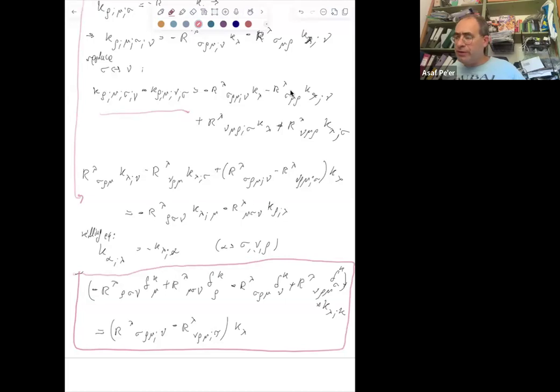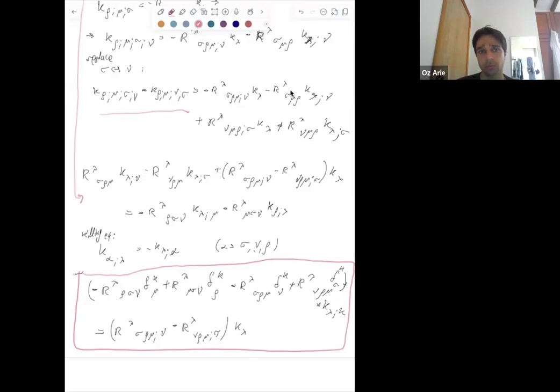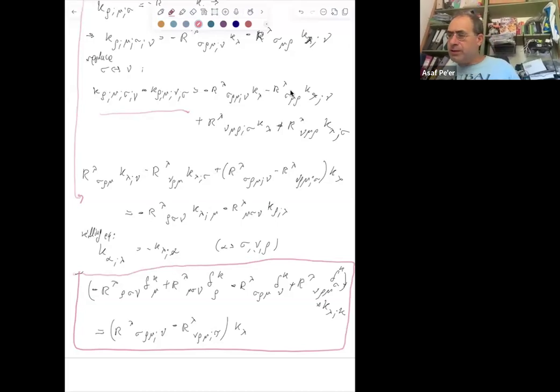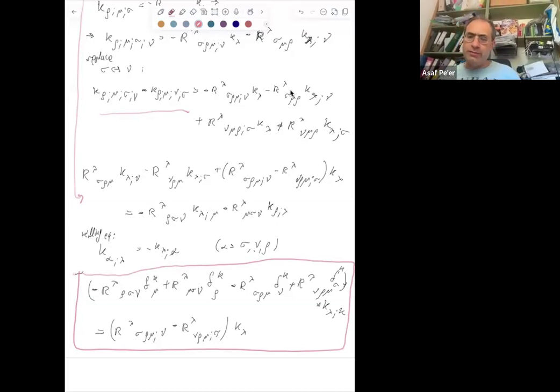Questions about that, the derivation? No. Again, it's straightforward. A similar derivation appears in many textbooks, but each one actually does it in a slightly different way.